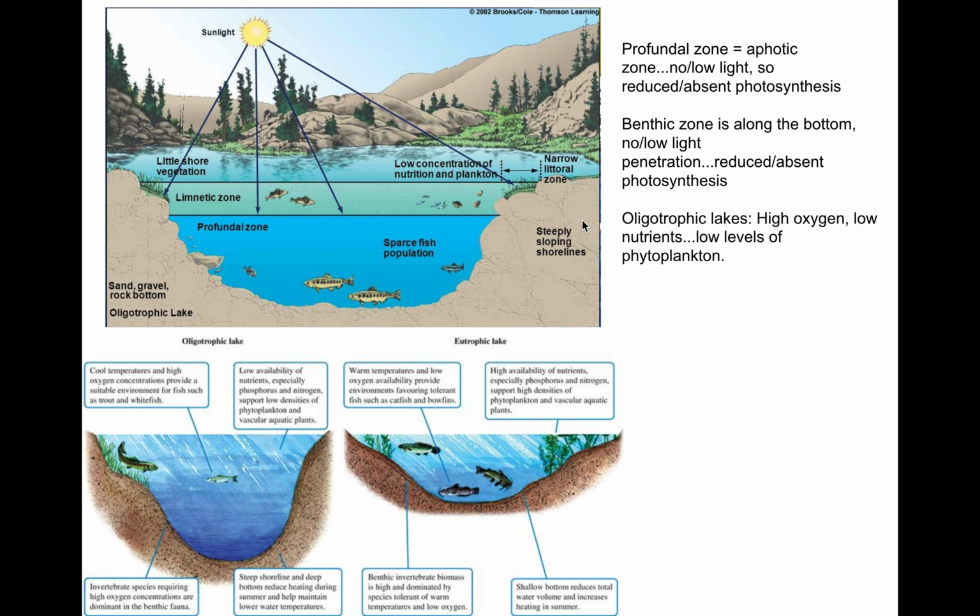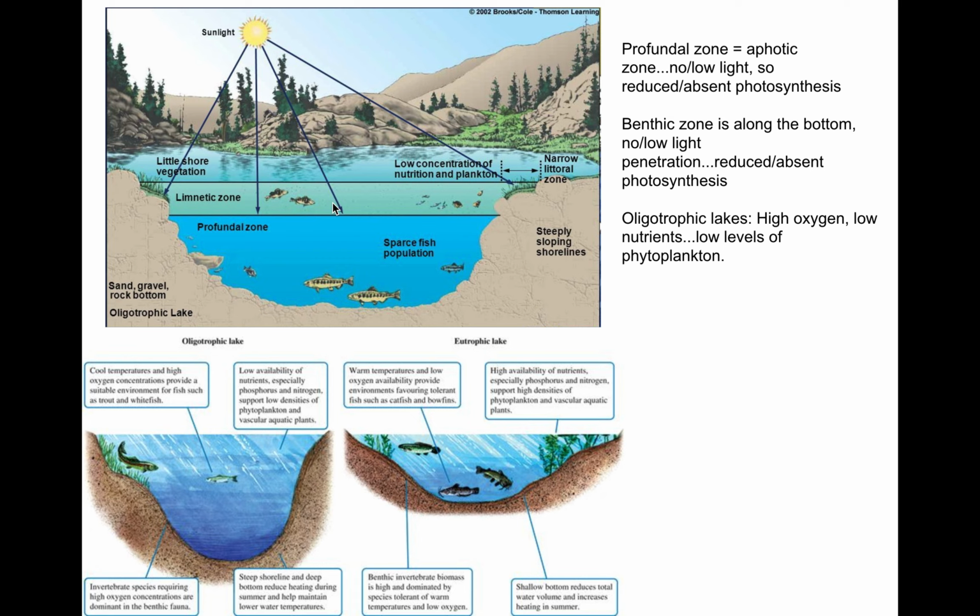So now we're looking at profundal versus limnetic zone. Profundal zone is basically the same thing as the aphotic zone. It's going to be the area in the lake that is not receiving light, or at least receiving very low light. So you'd have reduced or absent photosynthesis, and that's not going to work for those phytoplankton.